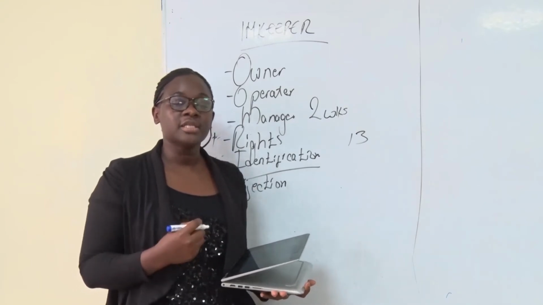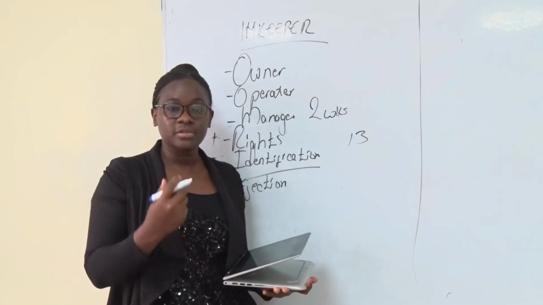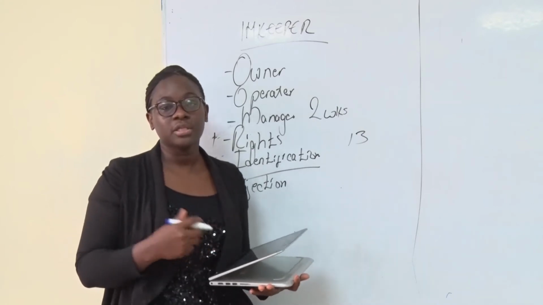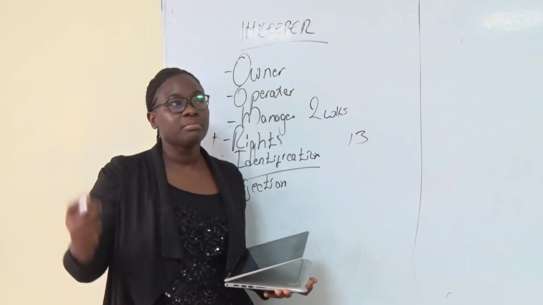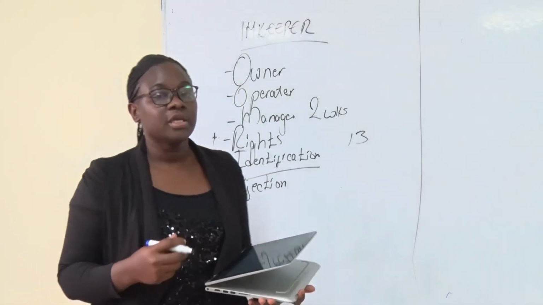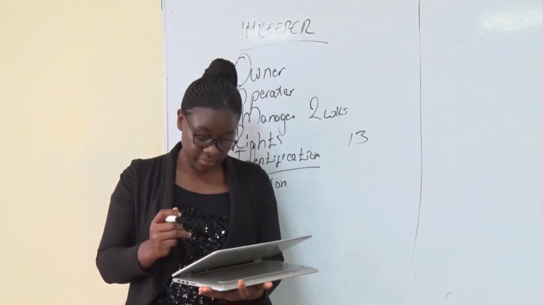So if such an incident is reported, of course you have to eject this person out, and as we have said, you have to do it in an orderly manner. You don't cause chaos or make this person bring so much trouble. You have to bring them down, sit them and talk to them and give them the reasons why you can't have them on board within that given premise.